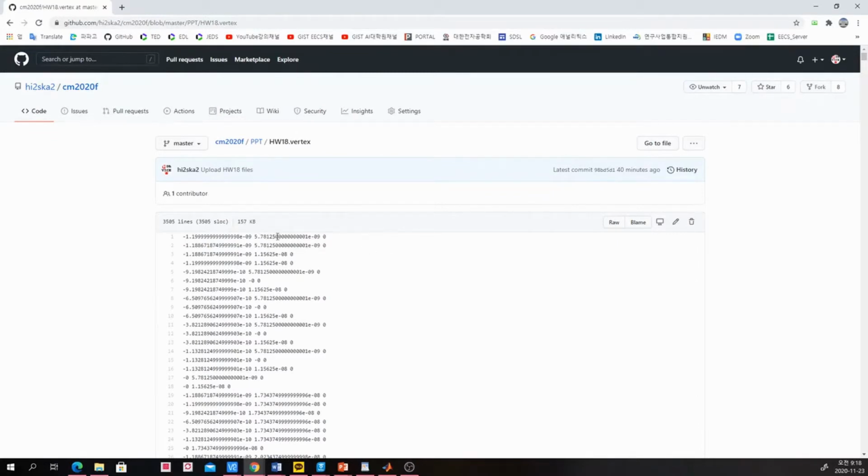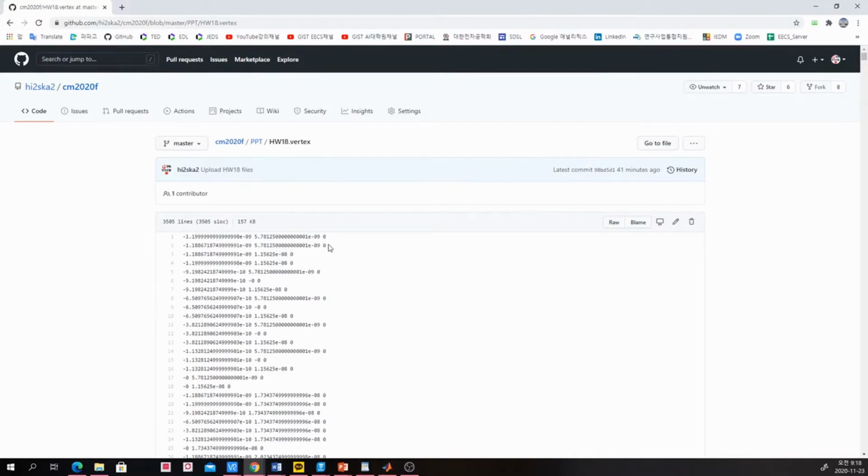They share the same point. And here you can see another one, with x of minus 1.18, the same as the second vertex, and its y coordinate is almost twice larger than the previous one.